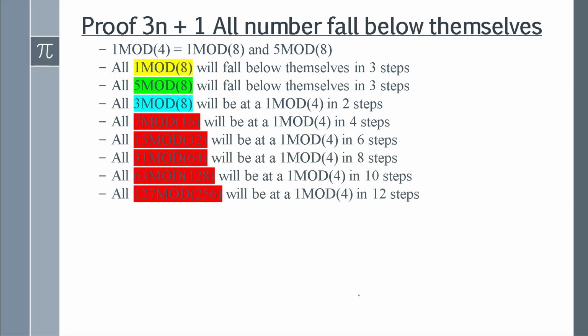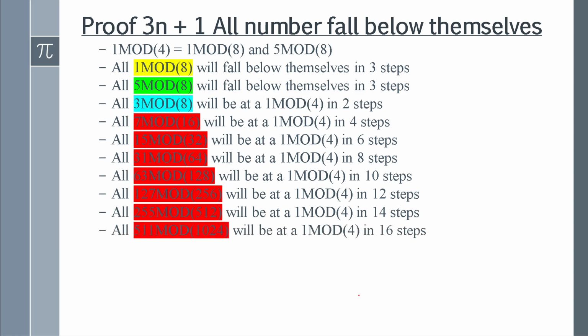Each time we add a 1 to the remainder side of the binary number, we're adding 2 steps to get to the number that will be below itself. Right?